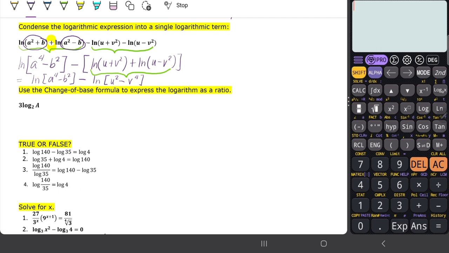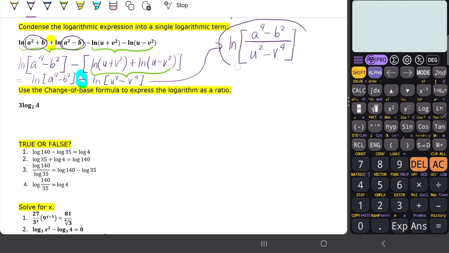Okay, so naging dalawa na lang from the original na 4 terms. Okay? So what we can do now is to apply the quotient rule since meron tayong minus dito na operation. Okay? So applying the quotient rule, so this becomes the natural log of a to the 4 minus b squared all over u squared minus v to the 4. So this is our final answer.